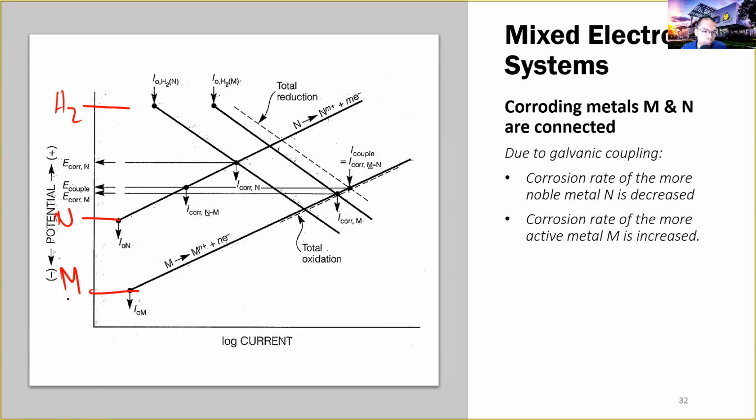Due to galvanic coupling, we'll see that the corrosion rate of the more noble metal N is decreased while the corrosion rate of the more active metal M is increased. So ito yung effect ni galvanic corrosion.